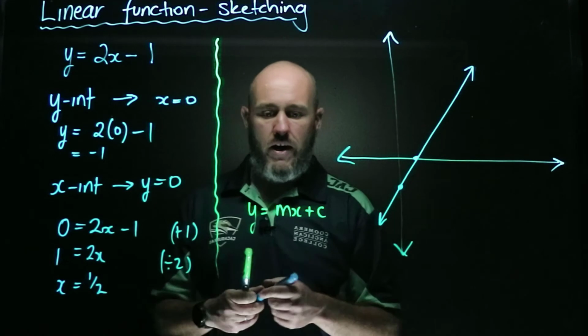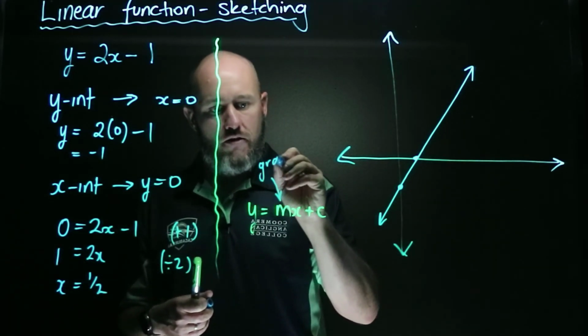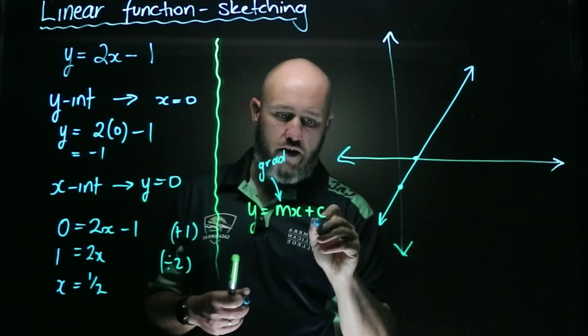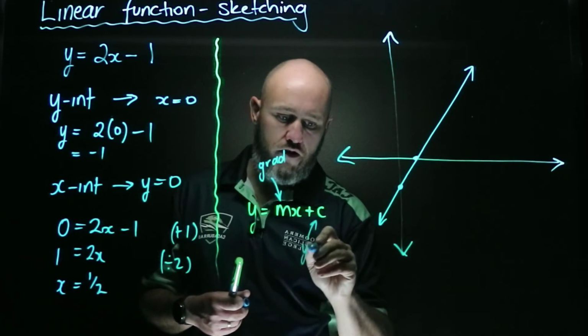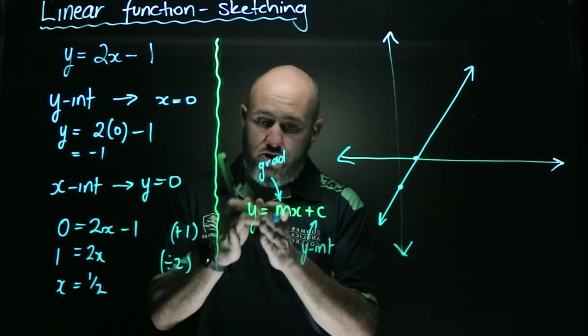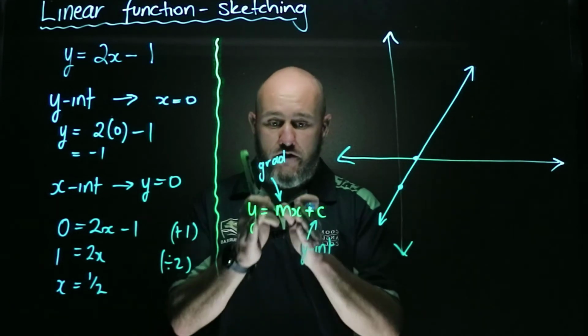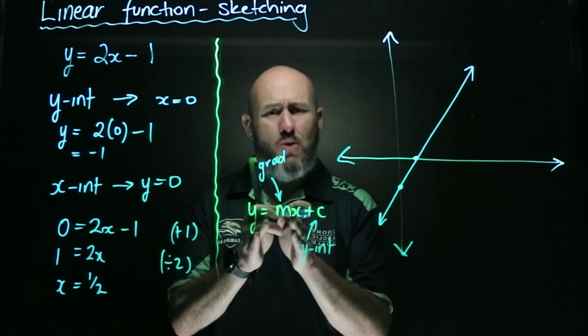So what I'm going to point out here is the m, if you recall, is the gradient, and the plus c is the y-intercept. As long as it's in this form, it has to be a single y and then something x plus c. And it's the something in front of the x, we call that the coefficient.